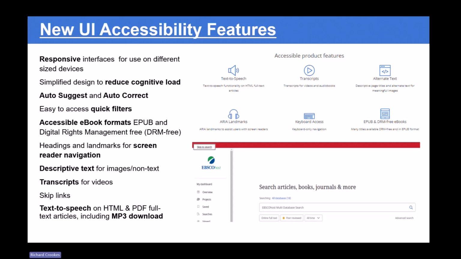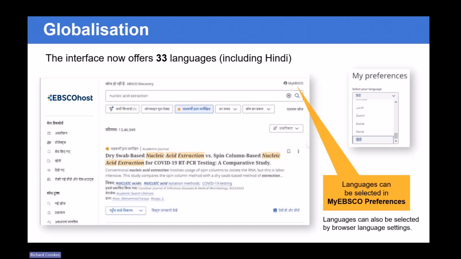So you can download the MP3 file, the audio file for PDF content, as well as HTML full text articles. Again, if you've got any comments, questions, or need more information, we can supply that as needed.